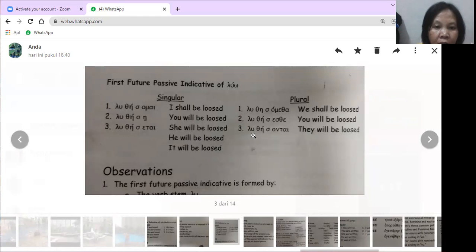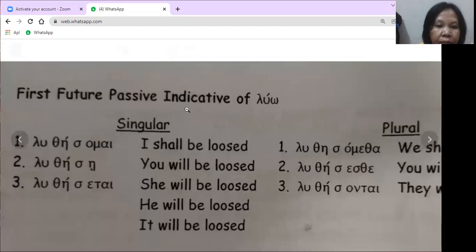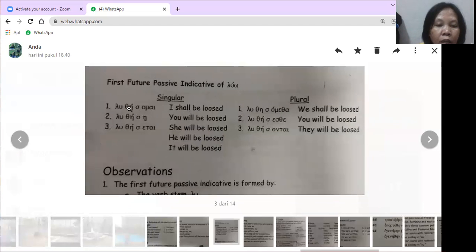For example, luo in the first singular, luthesomai. The meaning in English: I shall be loosed. We will be loosed. Shall and will for the future.